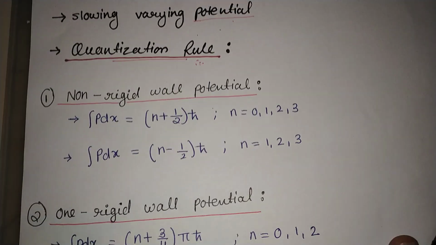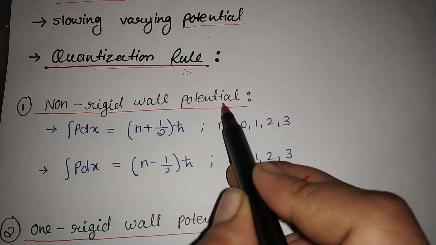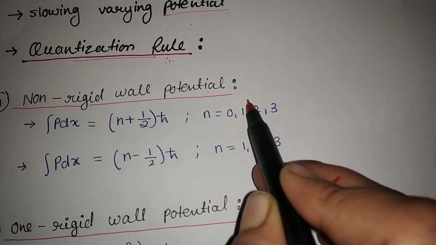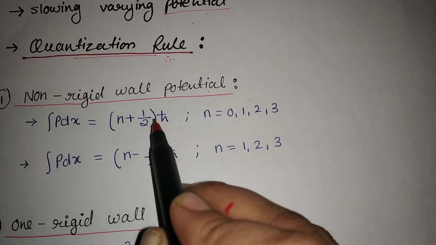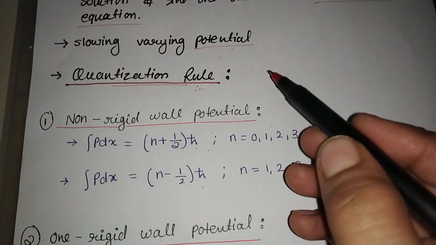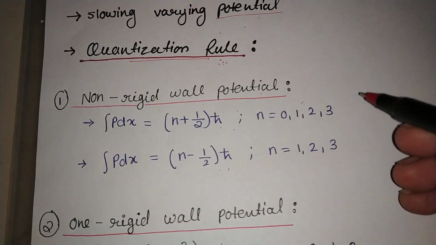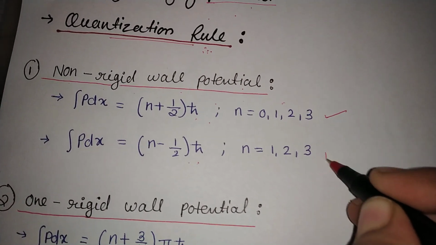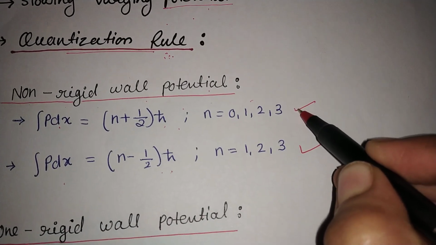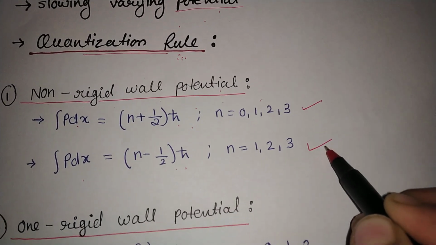Okay, so number one is the non-rigid wall potential. Non-rigid wall potential means if we have this case, we can use this formula to solve the WKB approximation method. Here I have two formulas, this and this. You can use either the first one or the second one, you will get the same result.